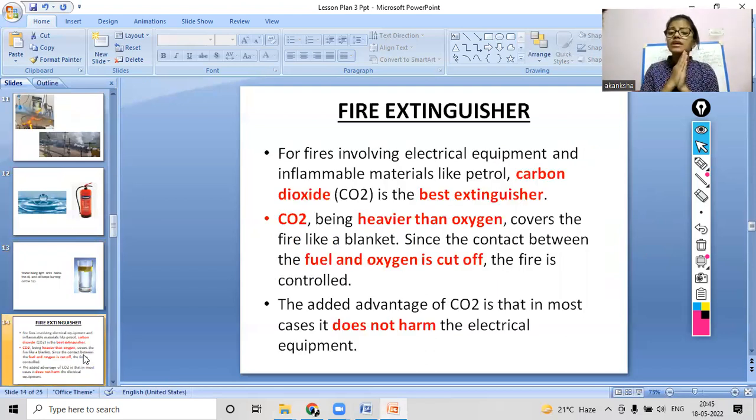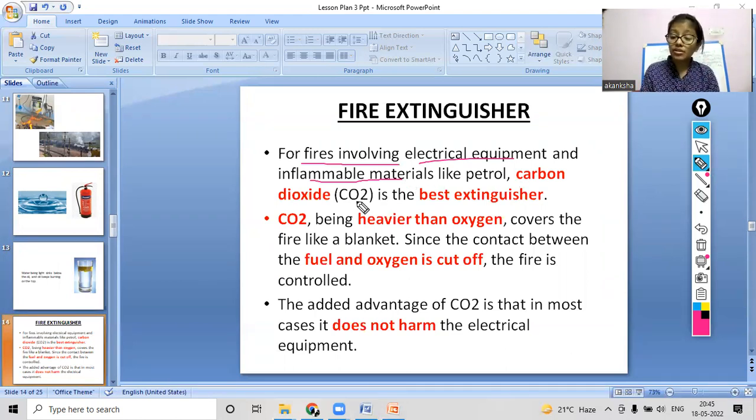So now we will see some more details about the fire extinguisher, right? For fires involving electrical equipment, like you saw the electrical wires that were burning and the press that was burning, and the inflammable materials, inflammable materials here being like the oil and the petrol, right?